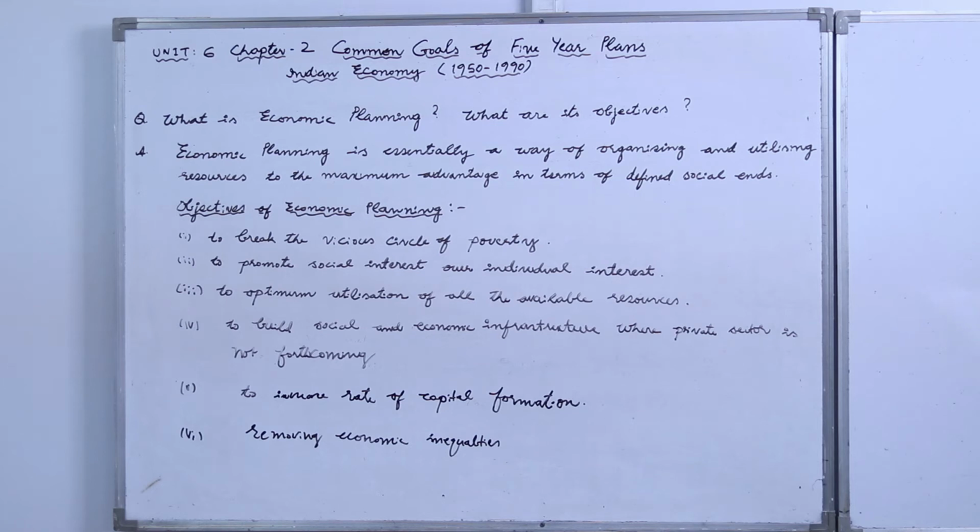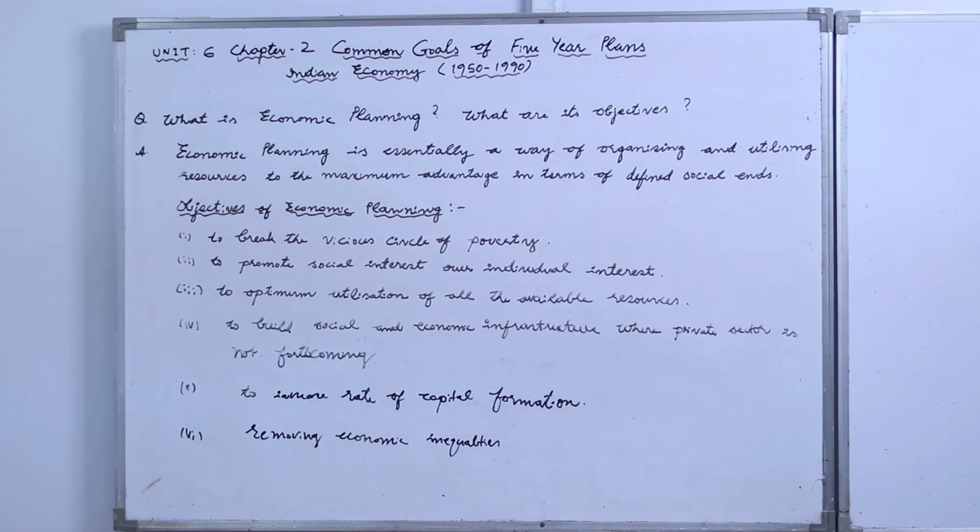Economic planning is essentially a way of organizing and utilizing resources to the maximum advantage in terms of defined social ends. Objectives of economic planning. The first objective is to break the vicious circle of poverty.